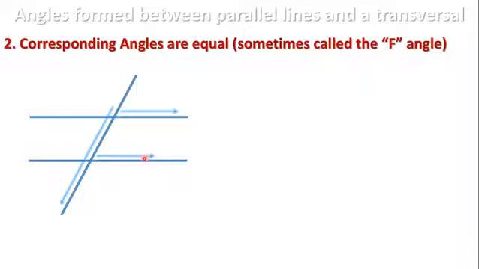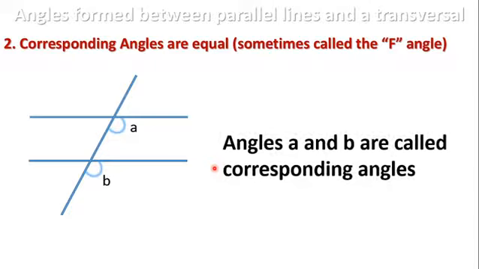And what this implies is that the angle here is the same as the angle here. Okay, the angle inside the F there is the same thing as the angle inside the F here. Okay, these are called corresponding angles and they are equal. So if we label these ones A and B, then angles A and B are called corresponding angles, which implies that A and B are equal.